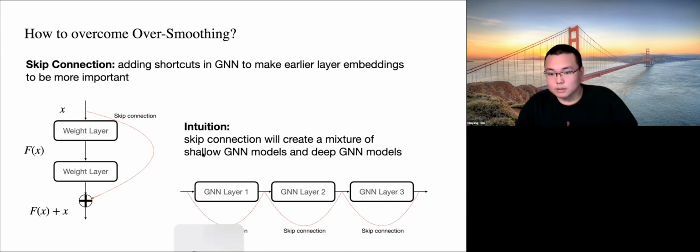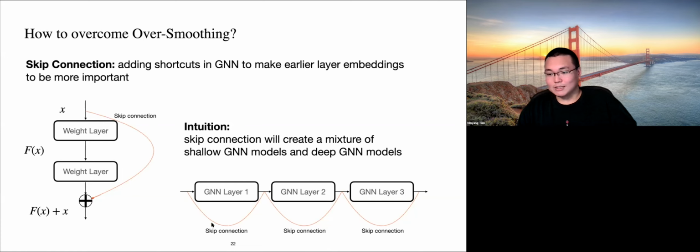Here. So why will the skip connection help? If it's just too far away, but you skip connect to here, just after GNN layer 3, then you are actually passing that far away information into a closer part, to your target node.